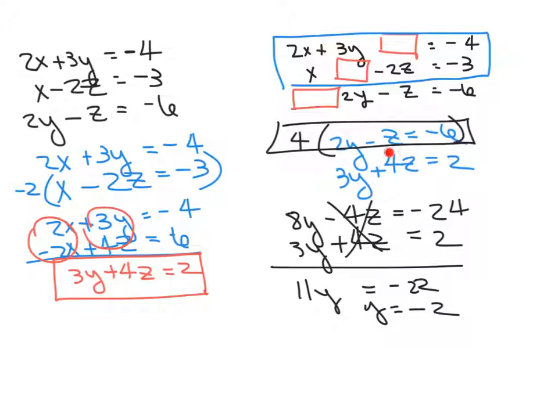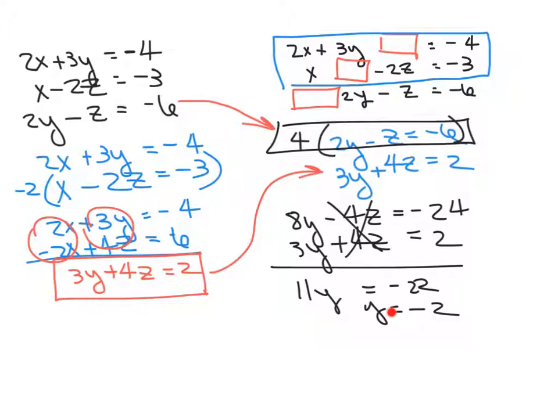So I'm bringing those two equations together, and then I multiplied by 4 in order to get this z to be a 4 so that it cancels, -4z plus +4z, so those go away, and I found out what my y is.